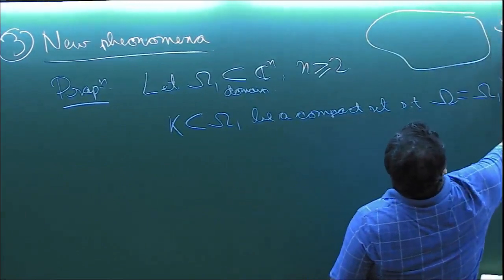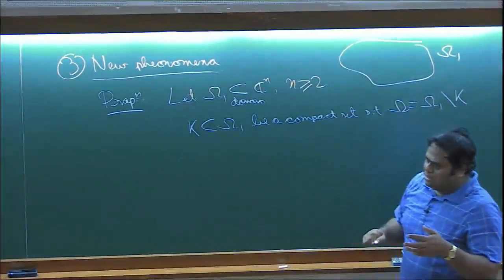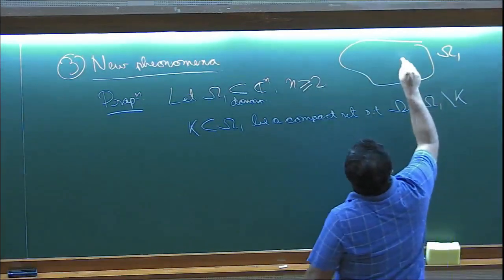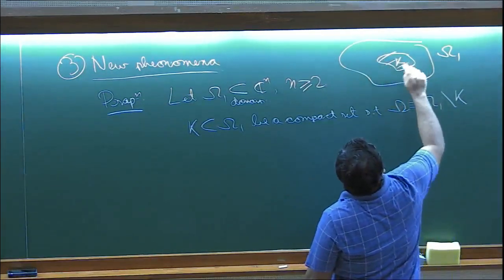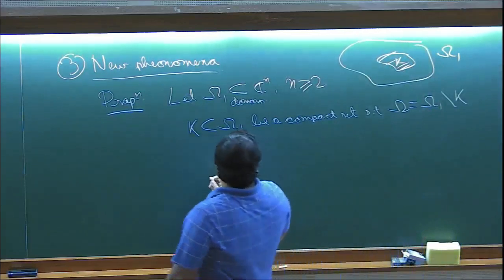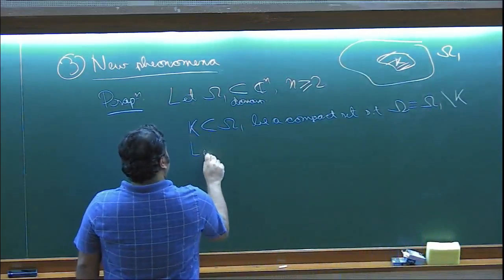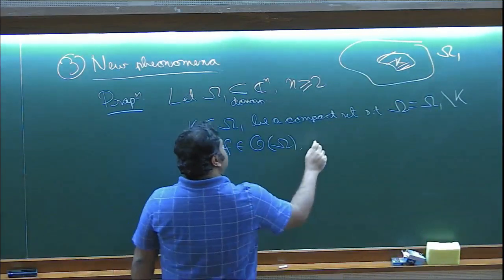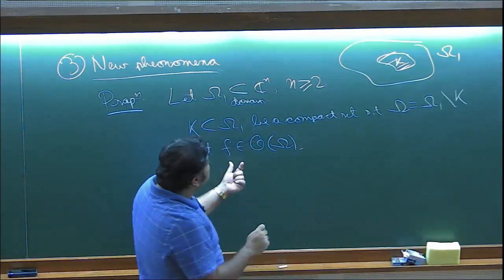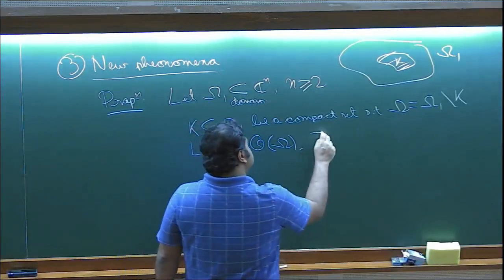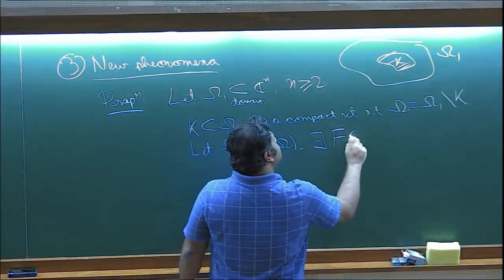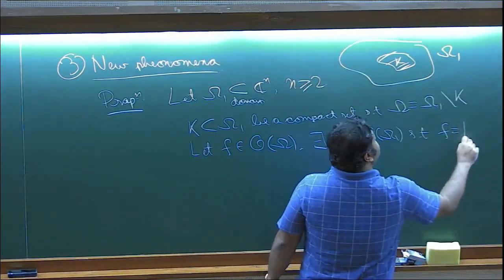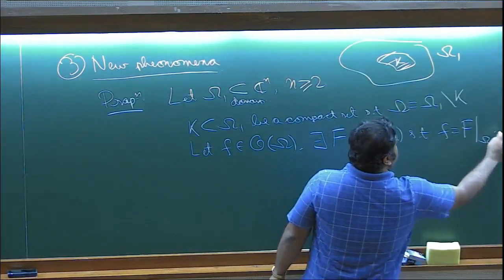Allow me to draw a two-dimensional picture of some four-dimensional or higher situation. So you remove this part. Let f be a holomorphic function on omega. Then f extends holomorphically to omega 1. So there exists a function capital F in omega 1 such that little f is big F restricted to omega.